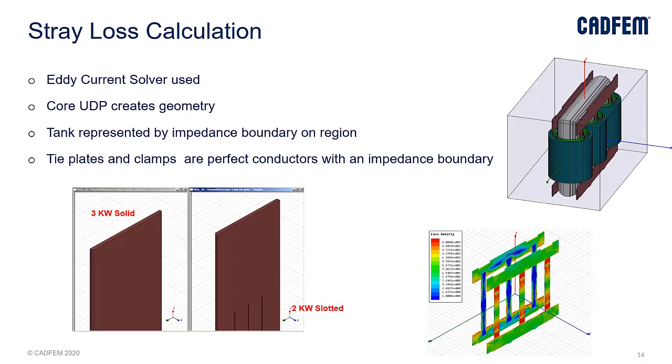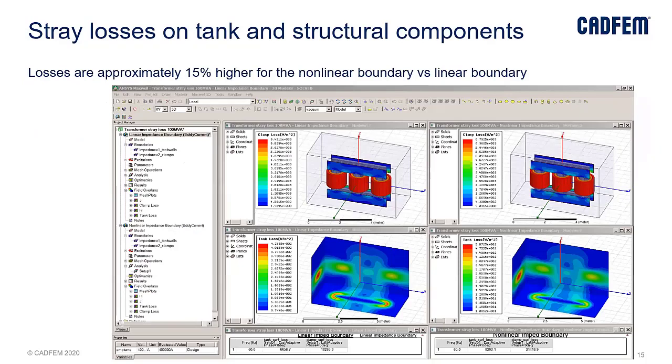Physical testing in a lab. And here is another example. You can see how stray losses are affected by the linear and non-linear material database. The reason we use a linear or non-linear boundary condition is the skin depth region.